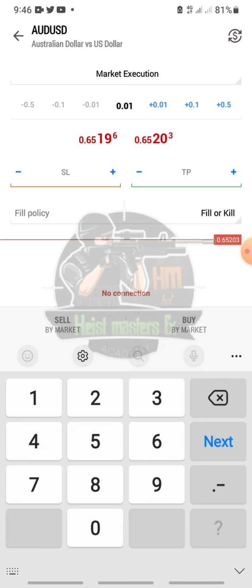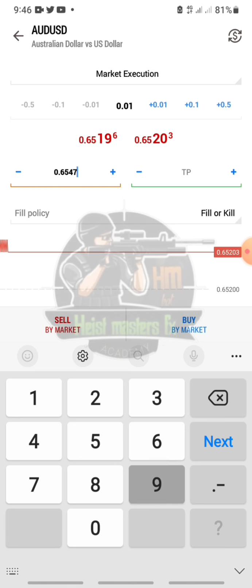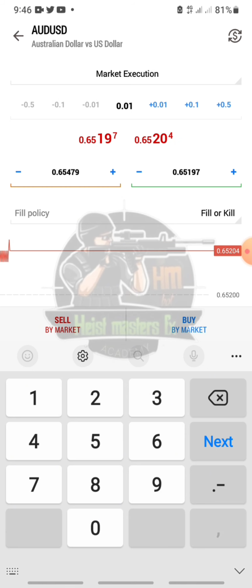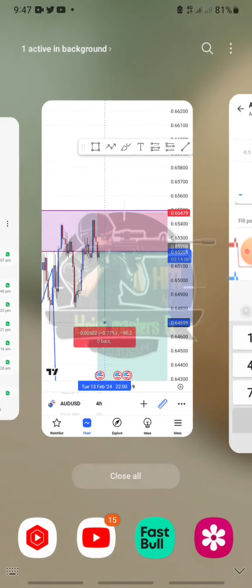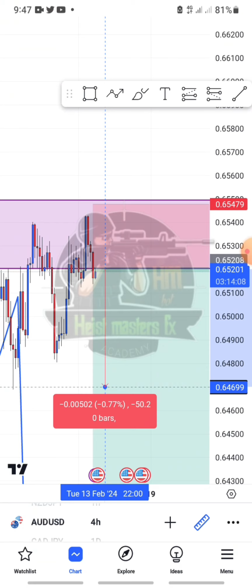So our stop loss is 0.5479, and then the TP is 0.4699. So let us confirm again.